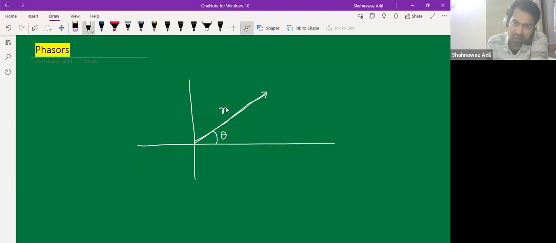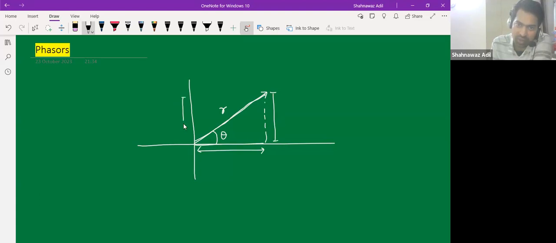This vector will have two components. One would be the horizontal component, and this one is the vertical component.